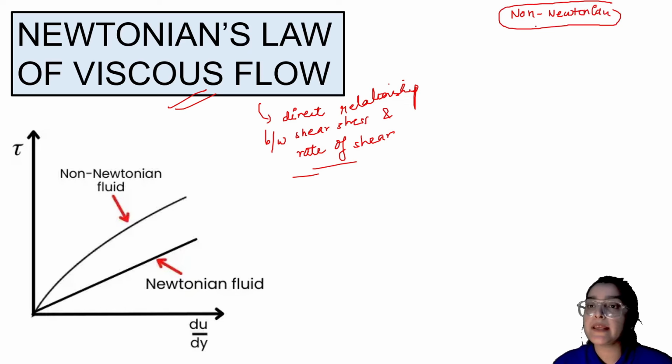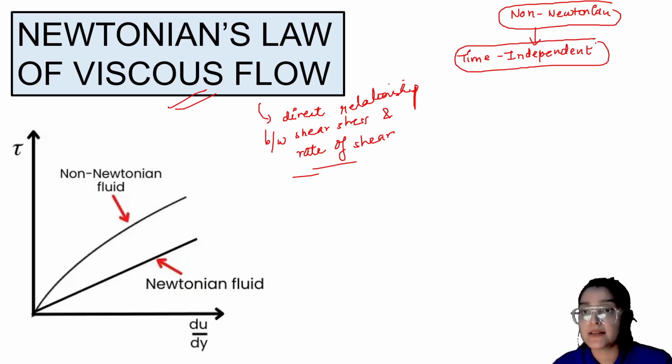In case of non-Newtonian fluids, firstly we will cover the time independent ones, which are independent of the function of time. Under these, time independent ones, firstly are the plastic systems, which are also termed the Bingham bodies.